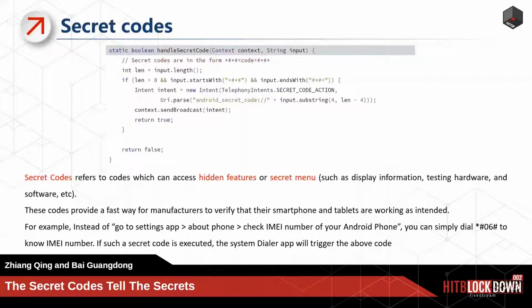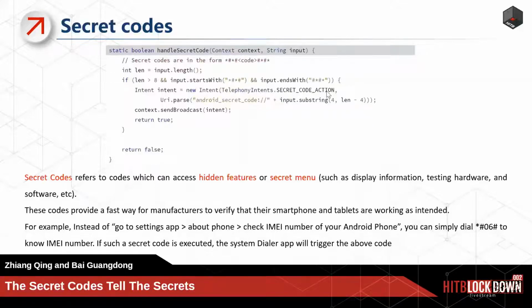Okay, so what will happen when this secret code is dialed in the dialer of your phone? Basically, the system setting or system dialer app will trigger this code. So in this code, you can find that it broadcasts an intent, which includes the secret code action.